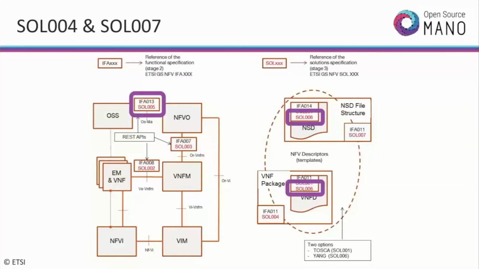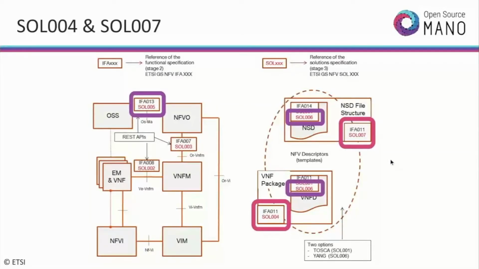Now moving on to Release 11, and this is where something new comes in, and that is SOL 7 and SOL 4. As you can see from the diagram there, this is the file structure for the VNF package and the network service descriptor package.